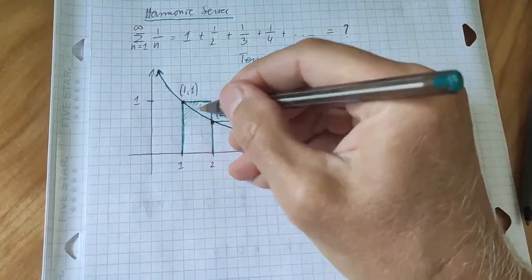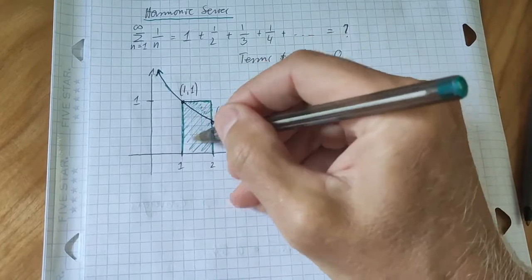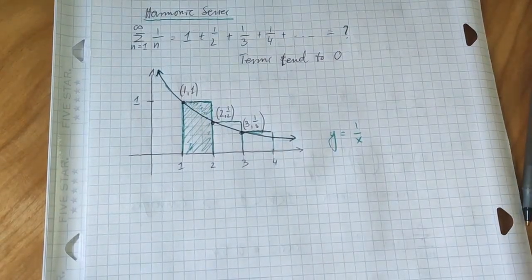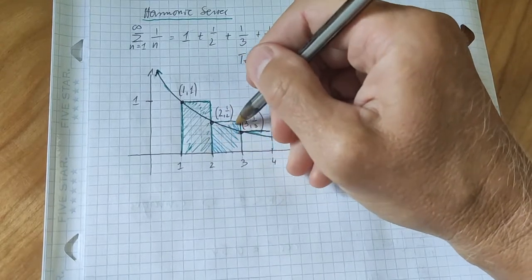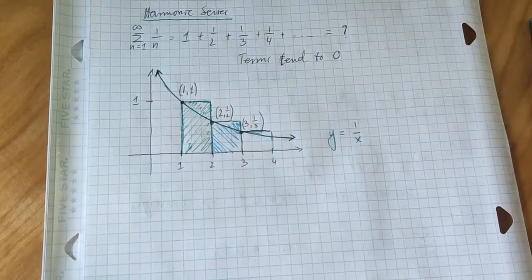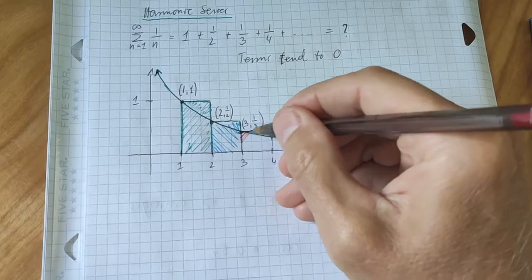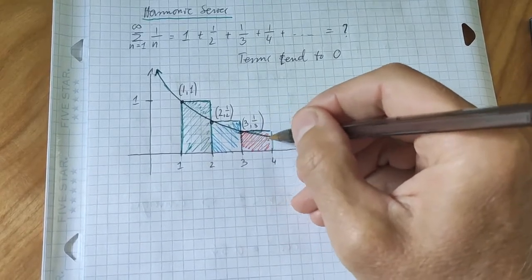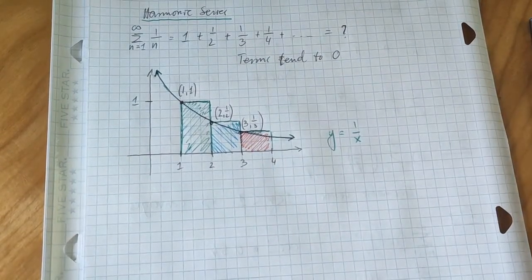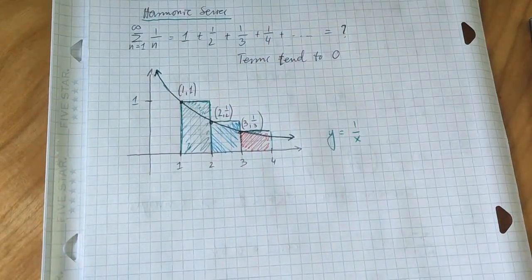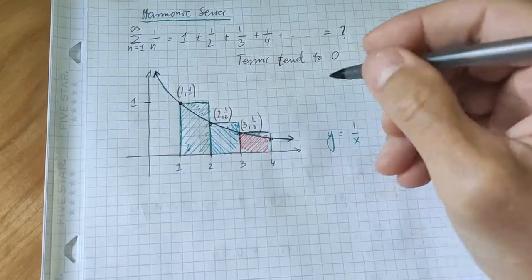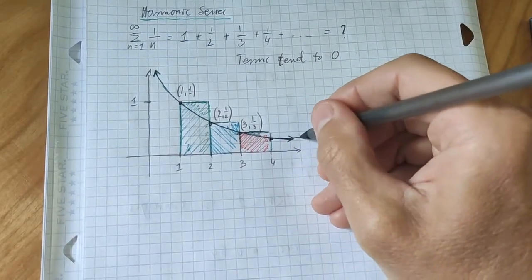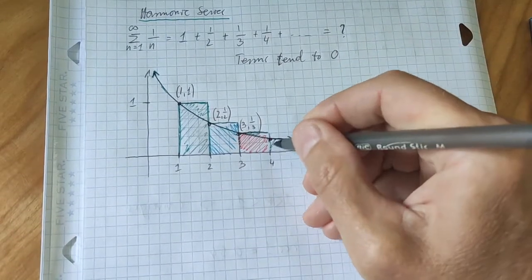Anyway, so I'm looking at the areas of those rectangles, and there's a sum. And the question I'll be asking is, does the sum of those areas equal a certain number, or does it just go to infinity, right? So we can draw this one as well.